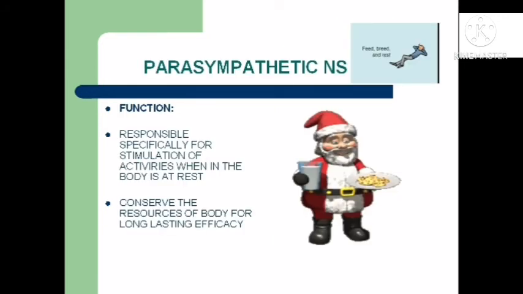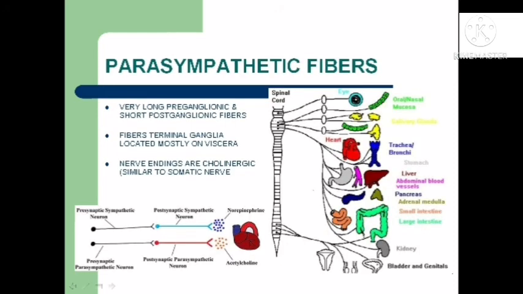The functions of the parasympathetic nervous system. It is responsible specifically for stimulation of activities when the body is at rest, and it conserves the resources of the body for long-lasting efficacy. The parasympathetic preganglionic fibers are very long, while the postganglionic fibers are short.